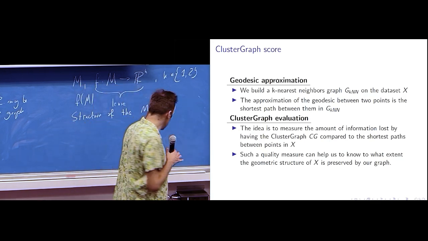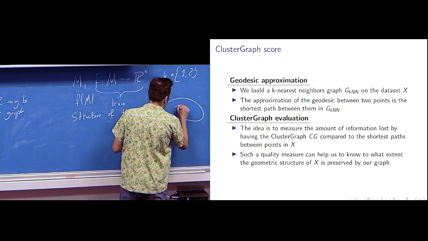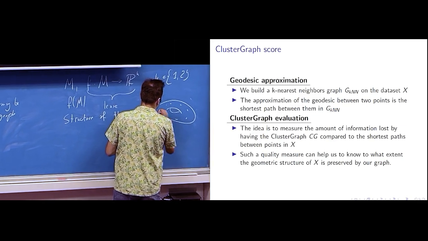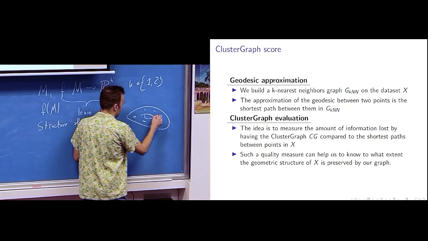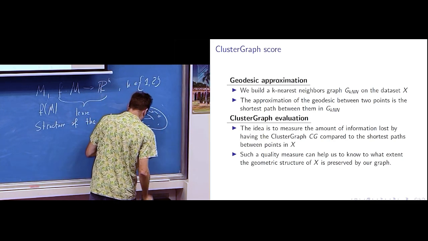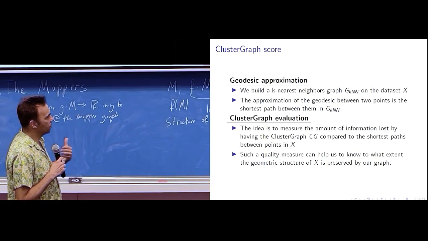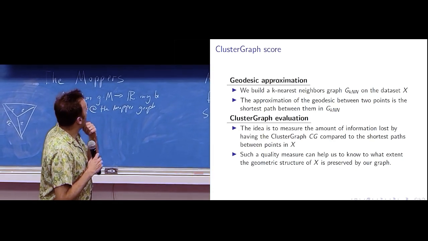So if I'm sampling from a torus, and I have a sufficiently dense sample, I'm able to find an idea of how far away they are from each other intrinsically.